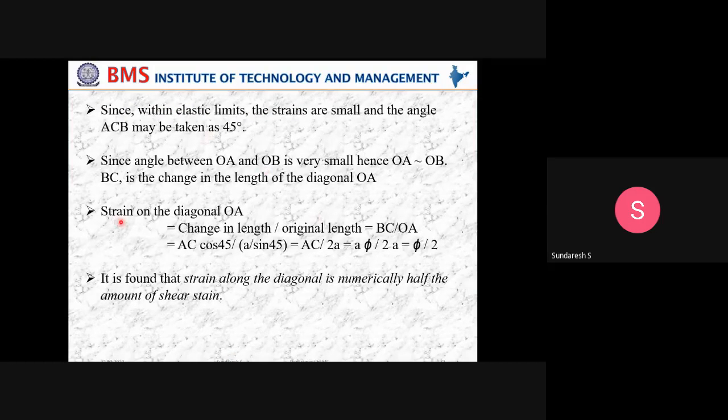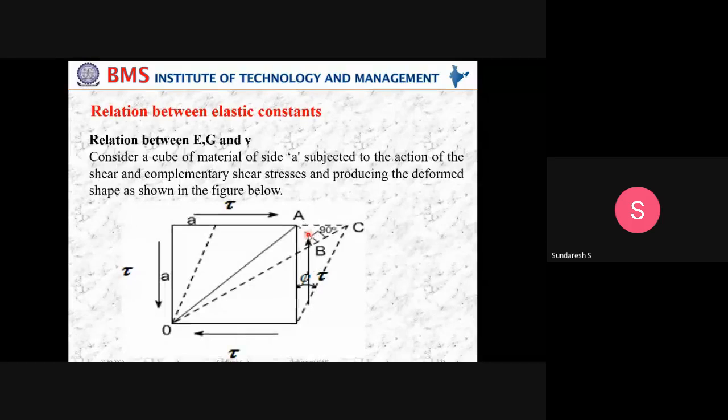Okay. Strain on the diagonal OA is equal to change in length by original length. This is how we are going to calculate. So what is the change in length? How much change has occurred? It is BC. Am I right? I told you already, OA is equal to OB because the strains are very, very small within the elastic limit.